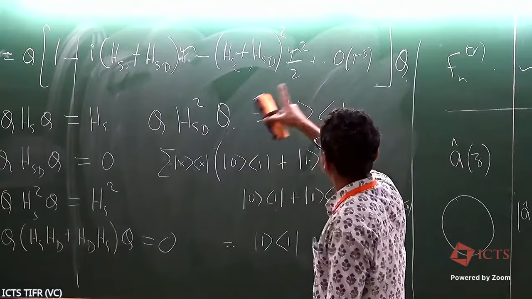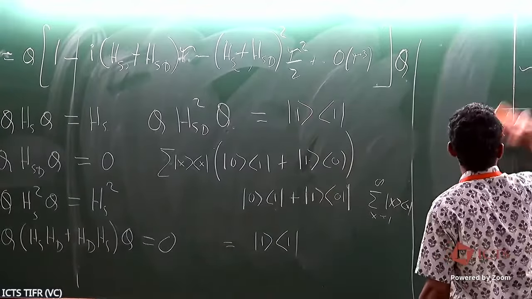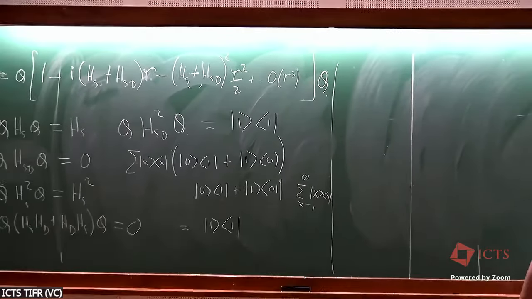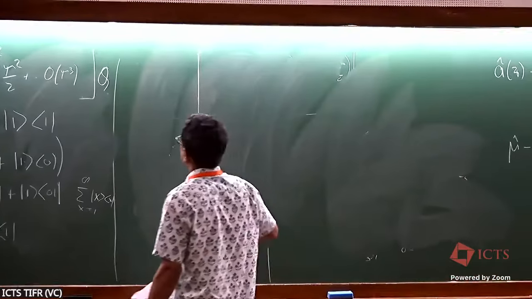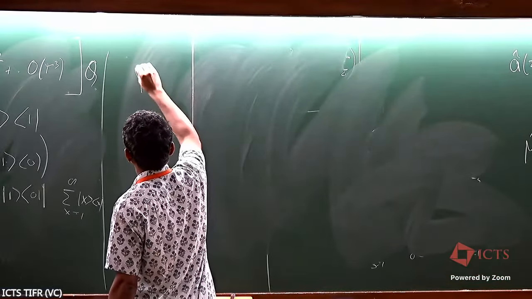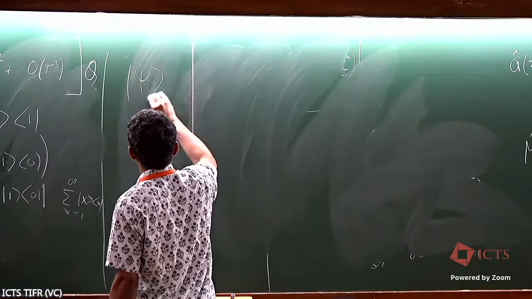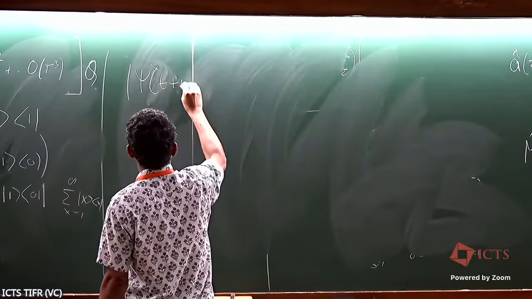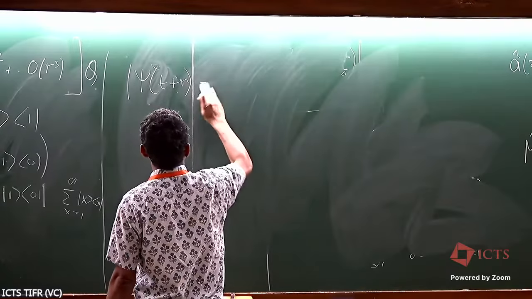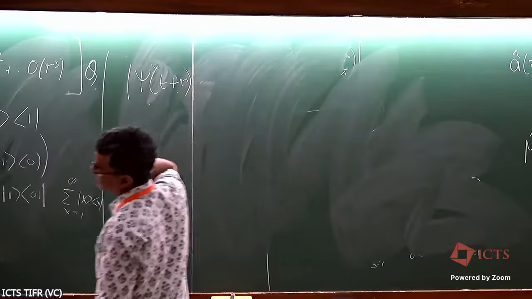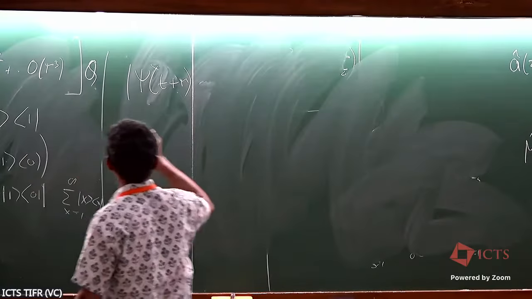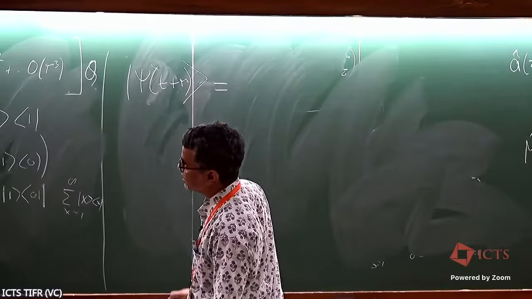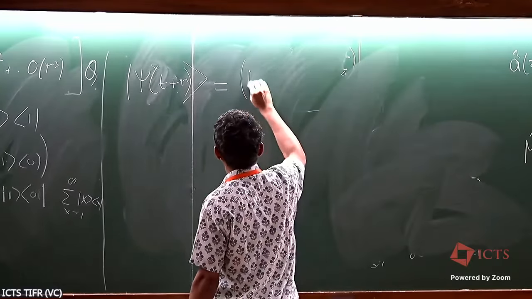Okay, so now if I write it out, tau equals, so we have 1.